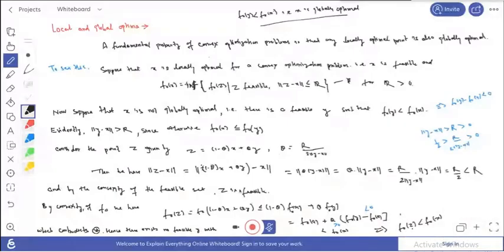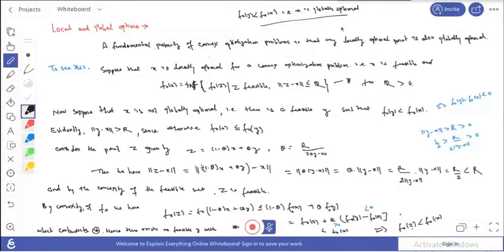So there exists no feasible y with f naught of y less than f naught of x, that is, x is globally optimal. This means x is your globally optimal solution.